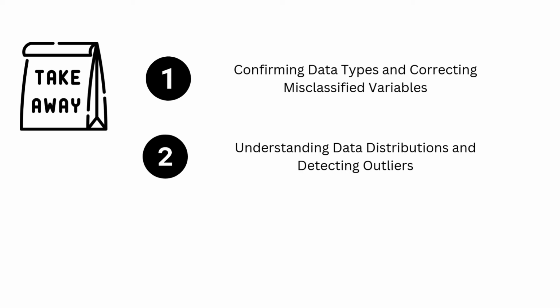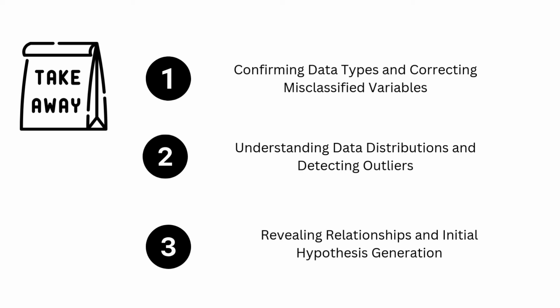Number 2, we were able to understand data distributions and detect outliers. EDA enables us to explore the distributions of each variable, which includes patterns, central tendencies, and spread within the data. And finally, number 3, we were able to reveal relationships and generate initial hypotheses. EDA allows us as well to explore relationships between variables through visualizations like scatterplots, correlation heat maps, and pairplots.